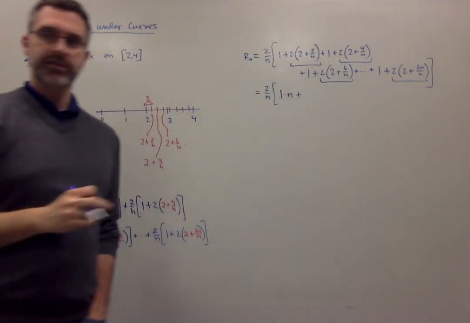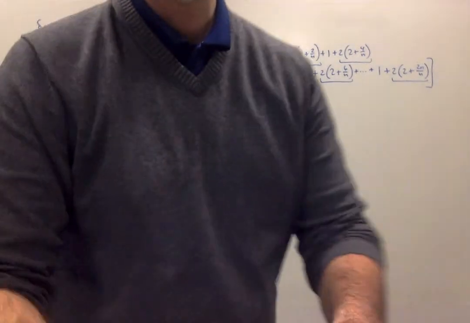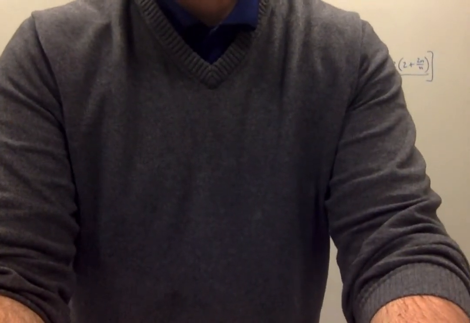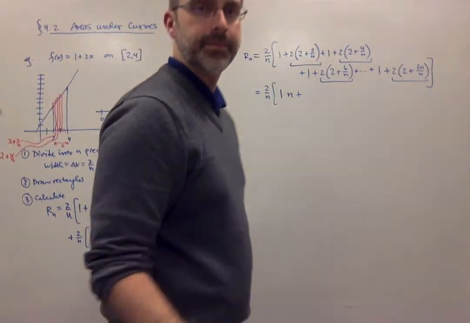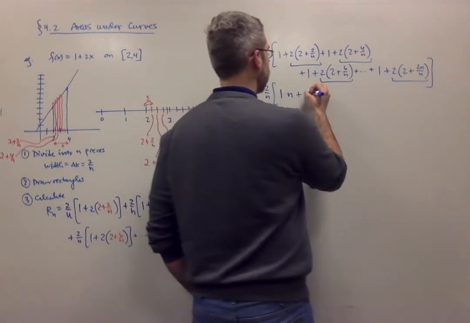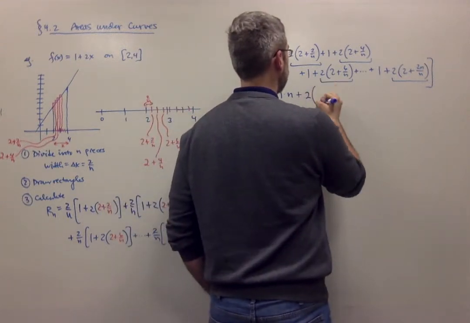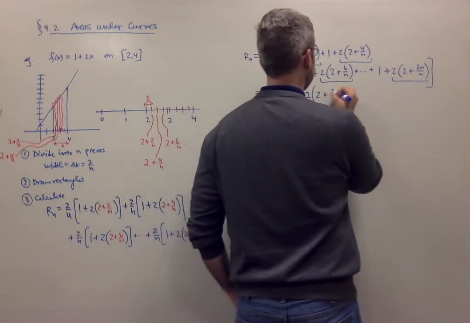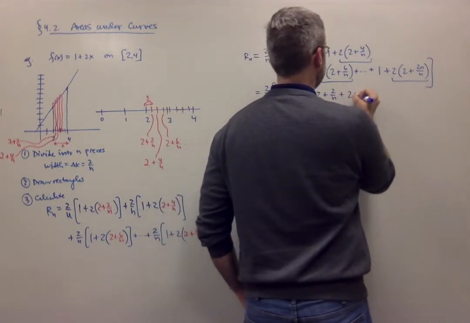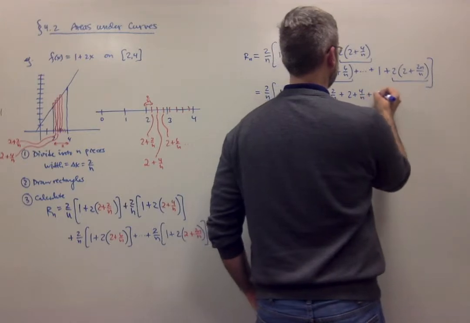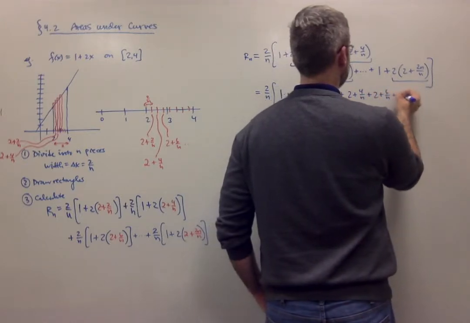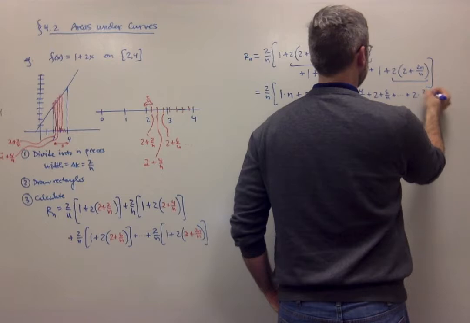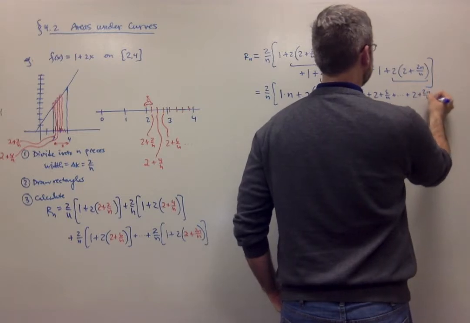So let's factor that 2 out. Sorry, my laptop keeps falling asleep. Let's factor that 2 out. And then what's left there is 2 plus 2 over n, 2 plus 4 over n, 2 plus 6 over n, 2 plus 2n over n. Okay?